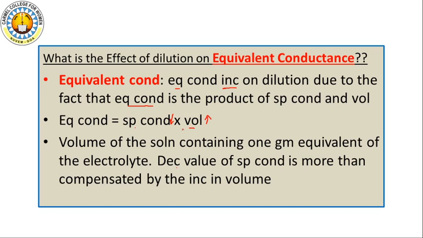So the increase in volume is much more than the decrease. So the decreasing value of specific conductance is more than compensated by the increase in volume. This value will be more. It increases. The increase is more than the decrease when you put the numerical values. So that is why the equivalent conductance will increase on dilution.